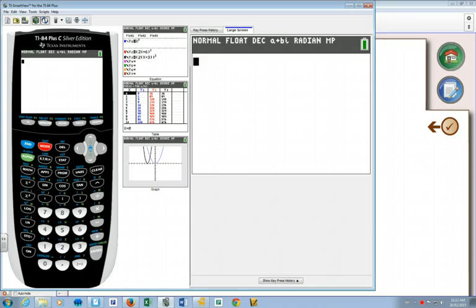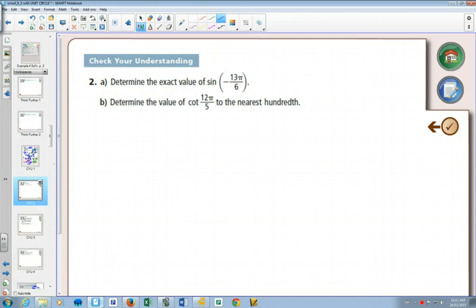To figure out cotangent of 12 pi over 5, well, I don't have a cotangent button on my calculator. So I need to do the reciprocal.